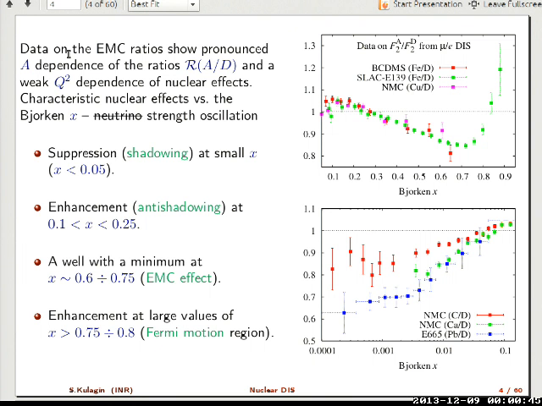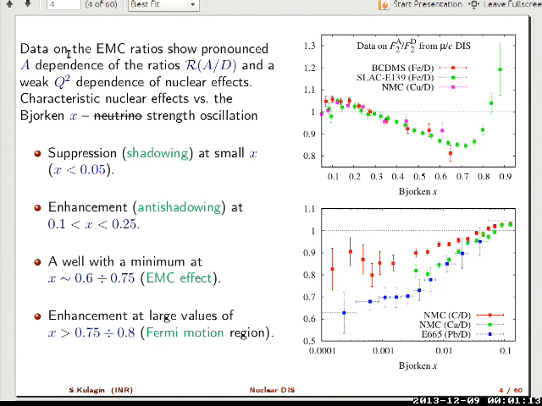There is a standard classification of these effects: the small x effect is usually called the shadowing effect, the large x region is associated with the EMC effect, and the larger x is usually attributed to Fermi motion correction.